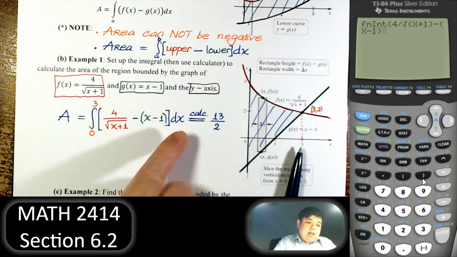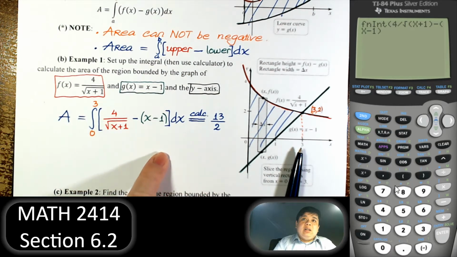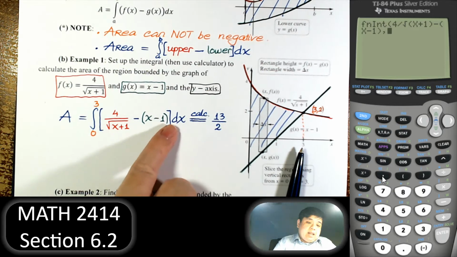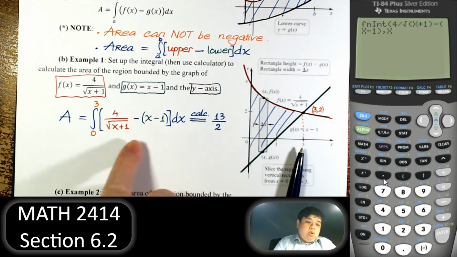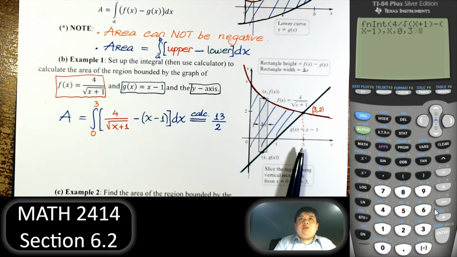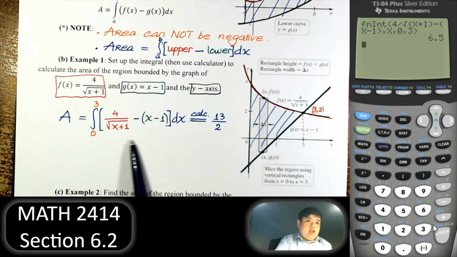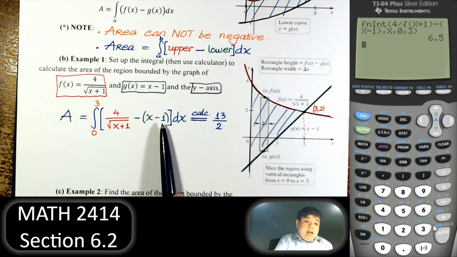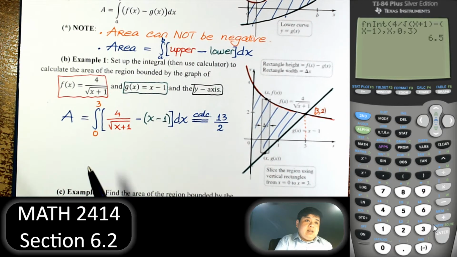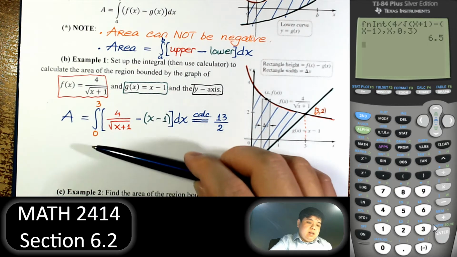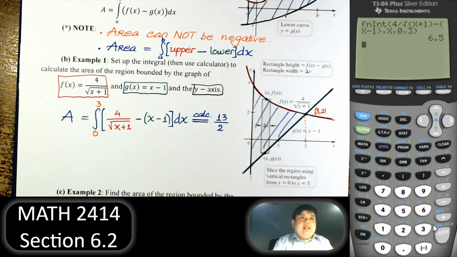So we have the integral, the integrand, and then x is the variable that goes from 0 to 3. Of course, it is the same thing. So once again, we need the function, the integrand, x, and then the limits.